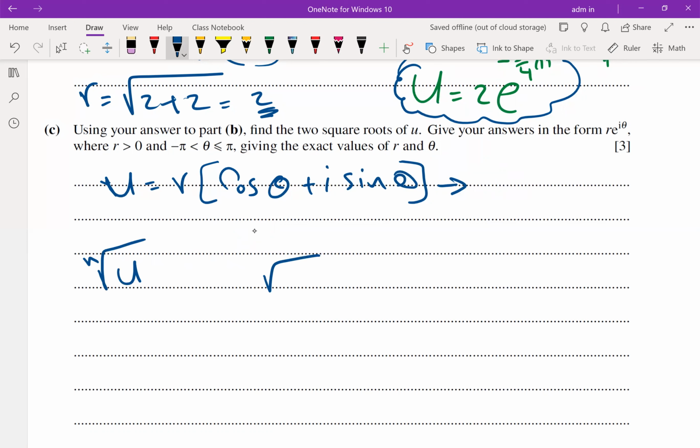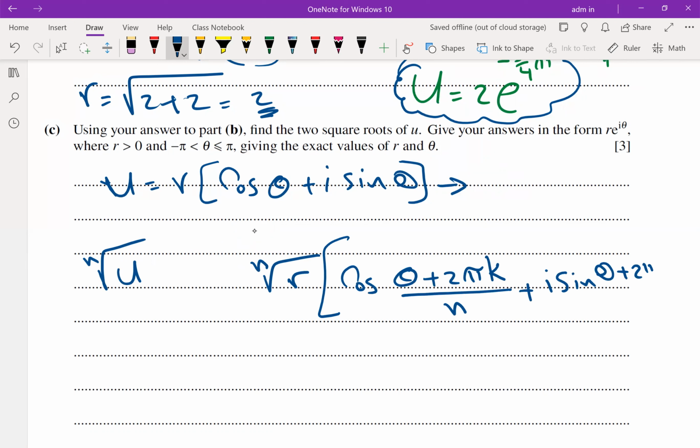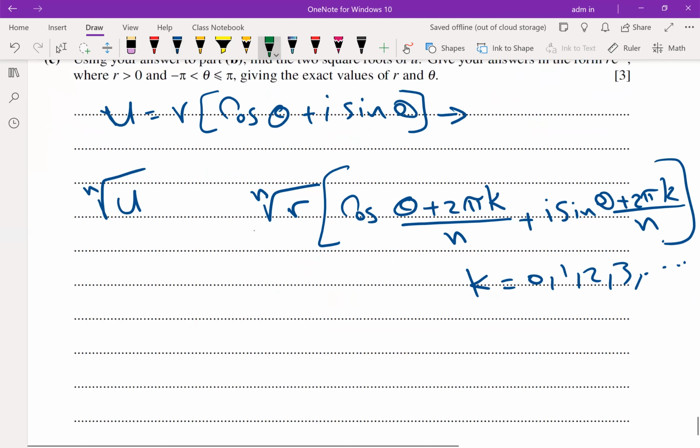First of all, you have to get the nth root of r, then cosine of theta plus 2 pi k, all divided by n, plus i sine of theta plus 2 pi k divided by n. Where k starts from 0, 1, 2, 3, and so on.